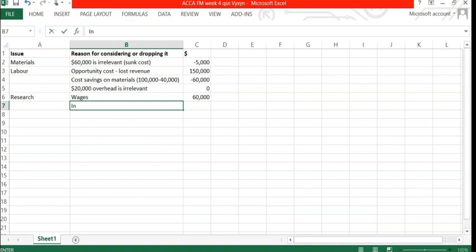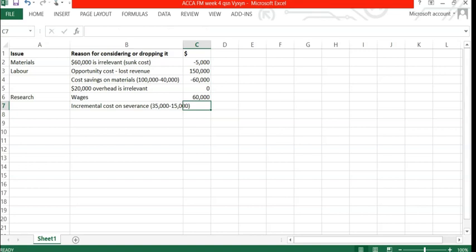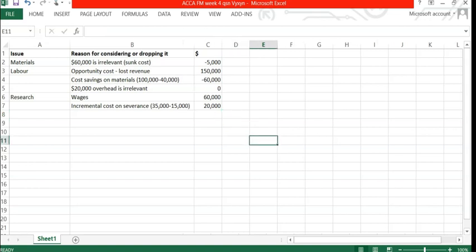Incremental cost on severance, the severance pay, that's 35,000 minus 15,000. This is going to be 20,000. That's the cost that is applicable, the incremental or the extra cost.